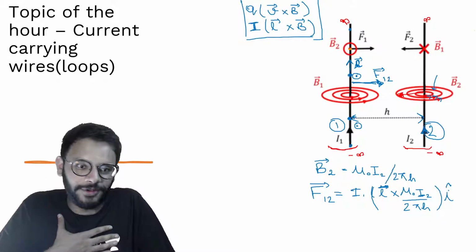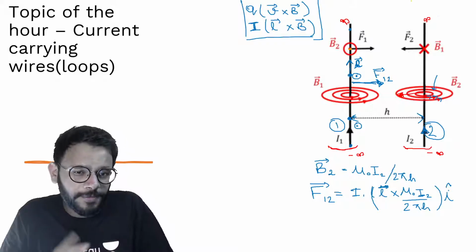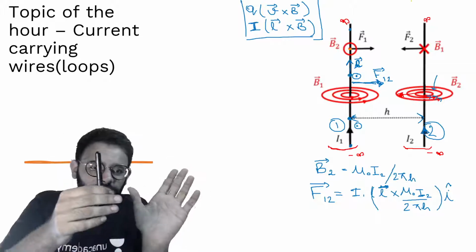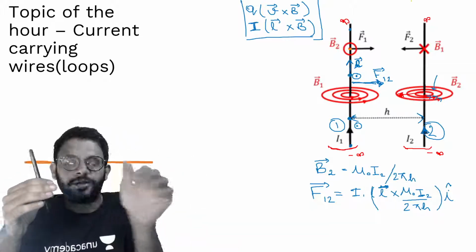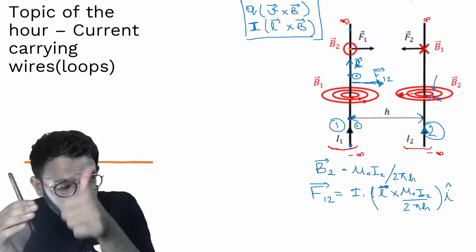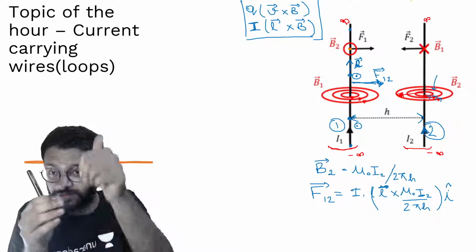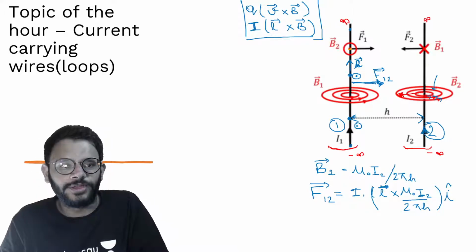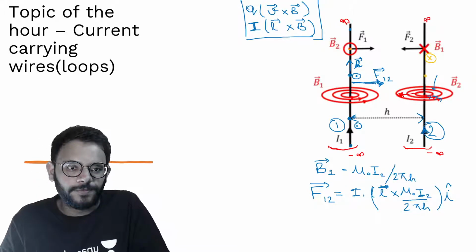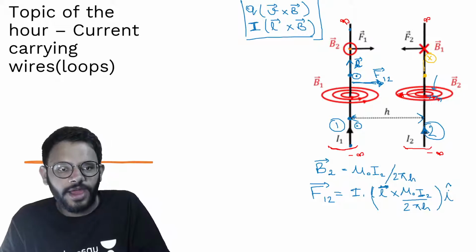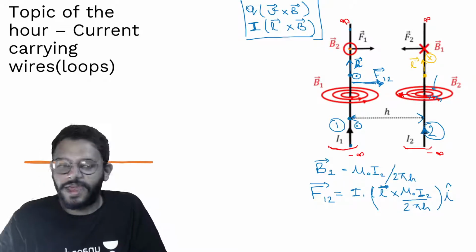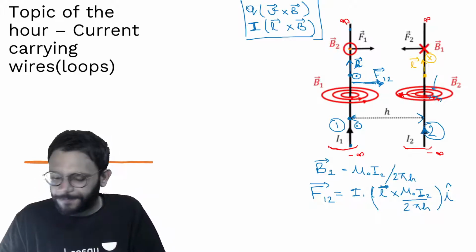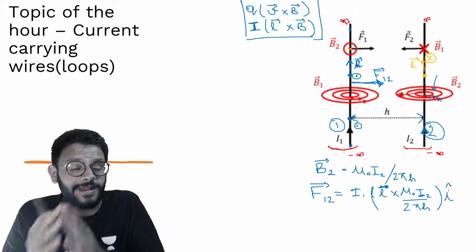Not my intention at all, but I know that the magnetic field because of wire 1 on wire 2 is going to be inside, as I'm going to use my right hand thumb rule to get the direction of the magnetic field. So if current is flowing in this direction, then the magnetic field is going to go inwards, and if the magnetic field is going inwards, then the force acting on this current carrying element because of the first wire is going to be given again by the right hand thumb rule.